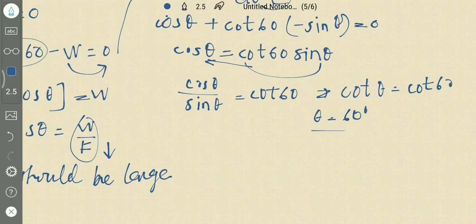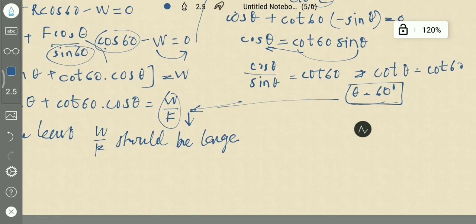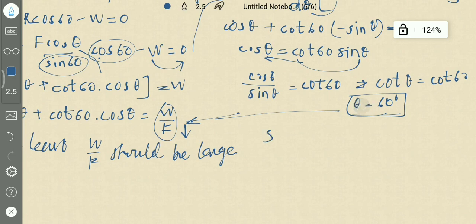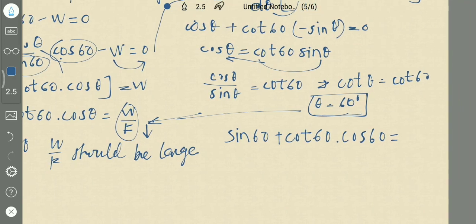We have got the angle theta equal to 60 degrees for W by F to be maximum. So if W by F is maximum, then F is minimum. If we substitute this theta angle in this equation, then it becomes sin 60 plus cot 60 into cos 60 is equal to, what is W?